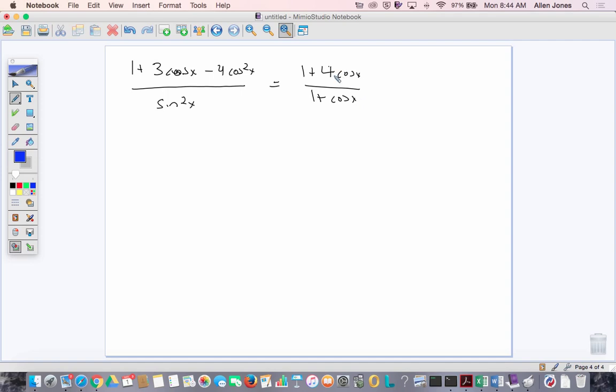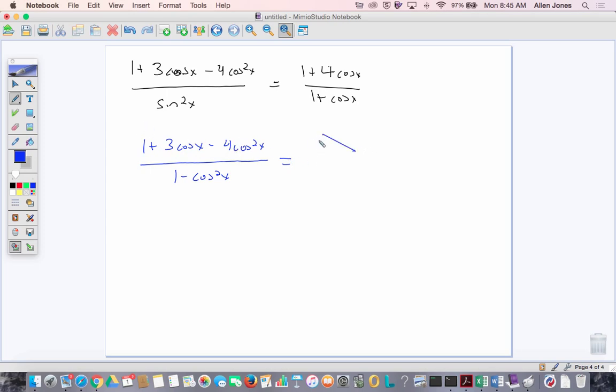Looking at this, my first logical step, I see a couple of different ways to start, but I notice my right-hand side is all in terms of cosines, so I'm going to go ahead and change sine squared to be in terms of cosines. So my 1 plus 3 cosine minus 4 cosine squared will stay. Sine squared is a Pythagorean identity equals 1 minus cosine squared. So now my entire function is in terms of cosines.